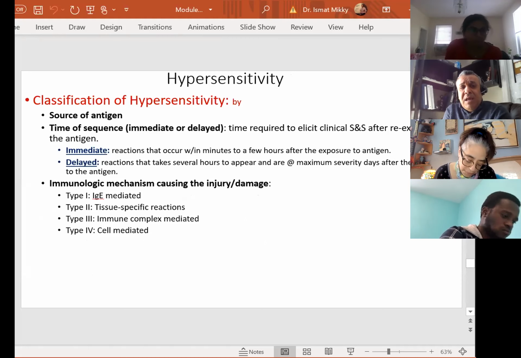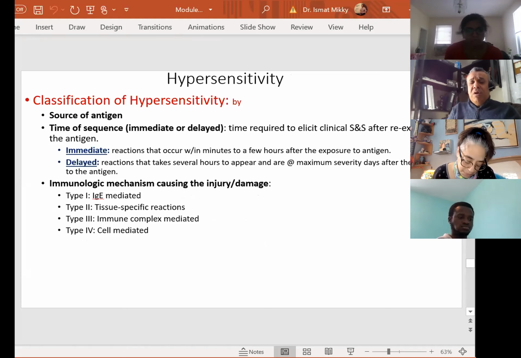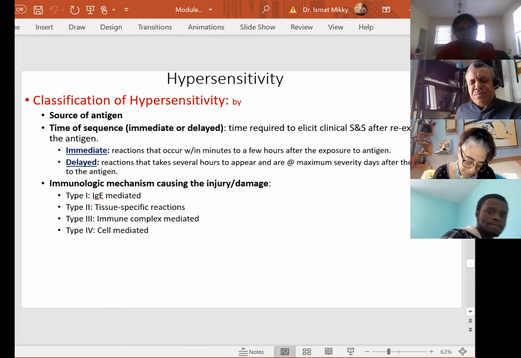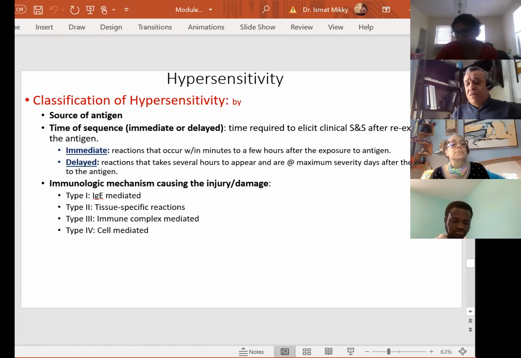The classification I did went over the different types of sensitivities, like type 1, type 2, 3, and 4. I just want to explain when it says hemolytic disease of the newborn, which is type 2, tissue specific.